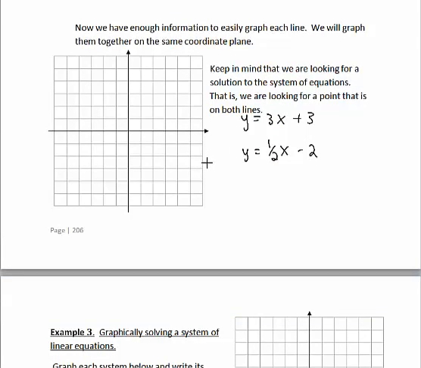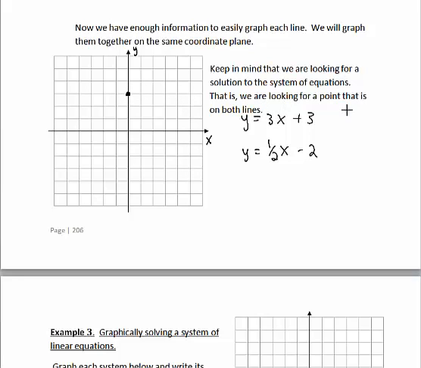Alright, so at this point we want to graph each line on this coordinate system here. The vertical axis is our y-axis, the horizontal one's our x. With the constant of the equation being 3 for the first one, we simply go up to a positive 3 on the y-axis, and plot a point.